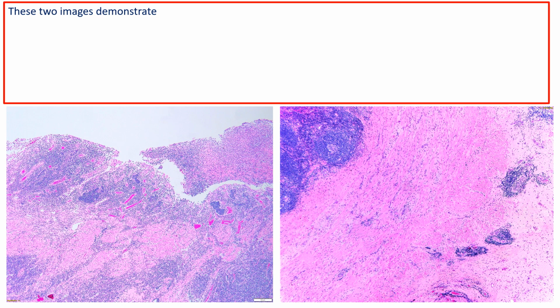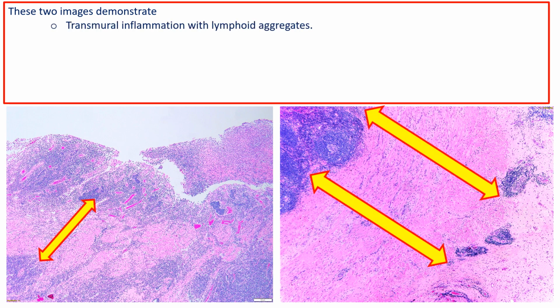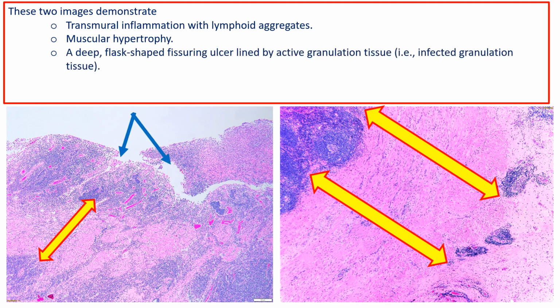These two images demonstrate transmural inflammation with lymphoid aggregates, muscular hypertrophy, a deep flask-shaped fissuring ulcer lined by active granulation tissue that is infected granulation tissue, severe active inflammation of the mucosa, and pseudopolyps.